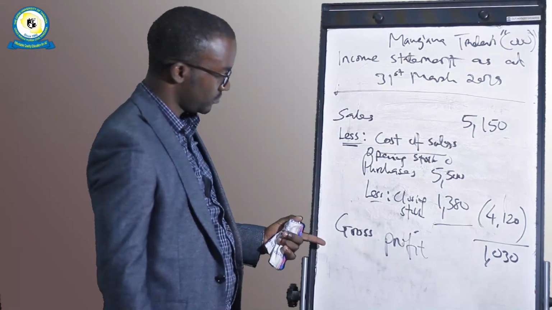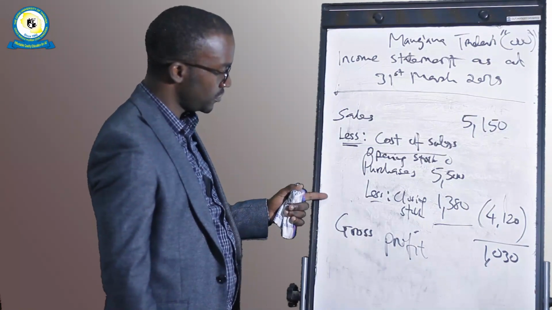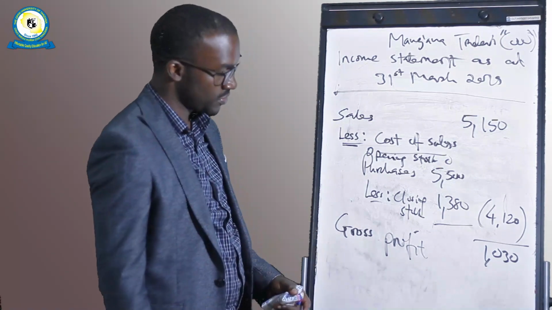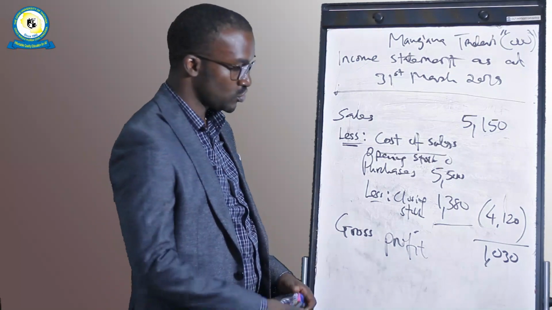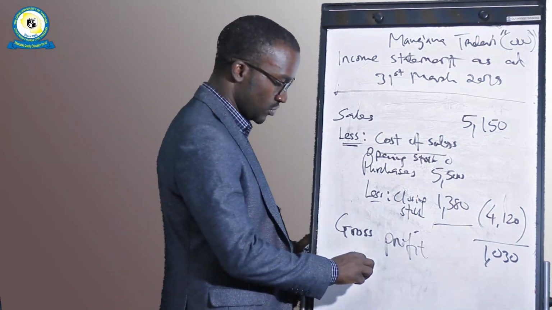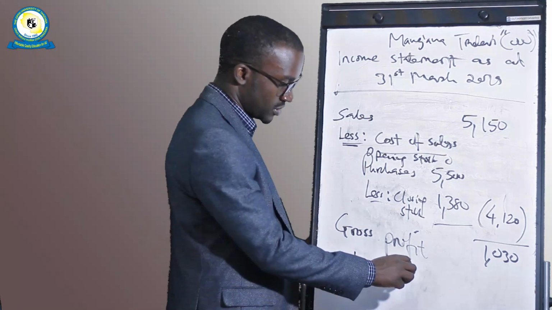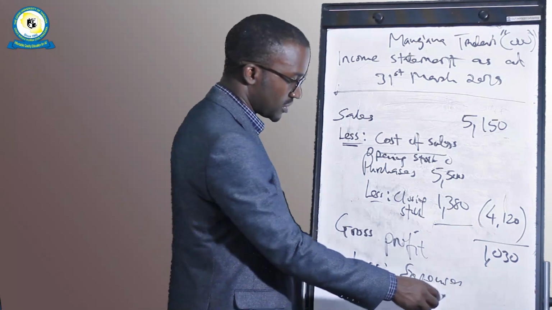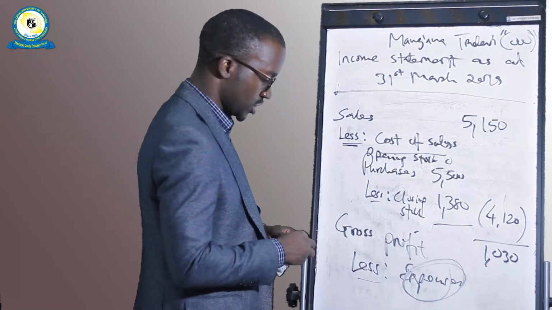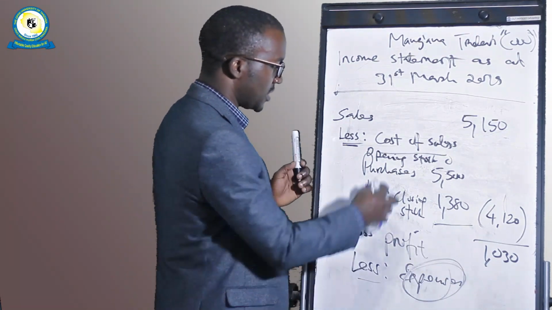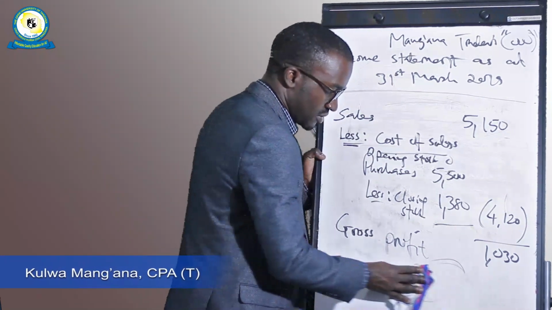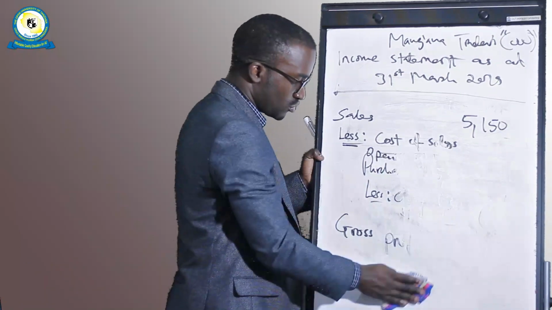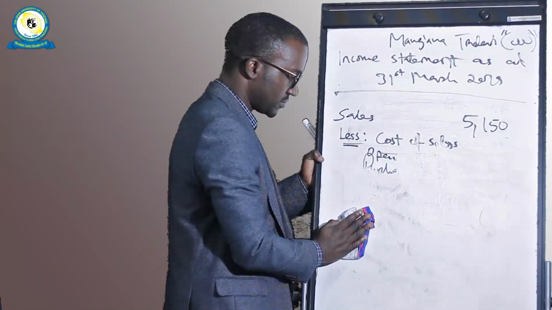Now this process, as I've said, the process that you go through from the sales to the gross profit, the statement that you have produced up to this point, is called the trading account. Now from the gross profit, if you less the expenses, it is whereby you finalize your statement by having your income statement or statement of financial performance. And by expenses here, we mean the operational expenses. I'm going to put this figure here above, as my blackboard is not that big to be able to show you everything.